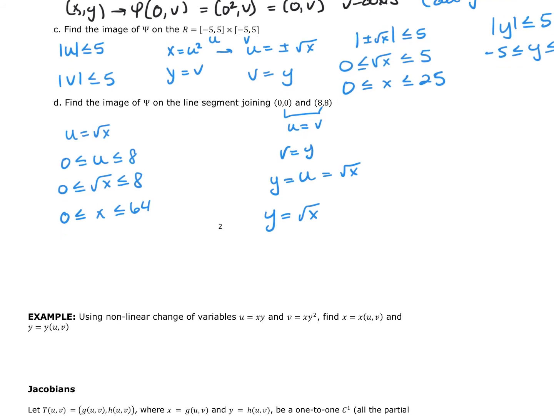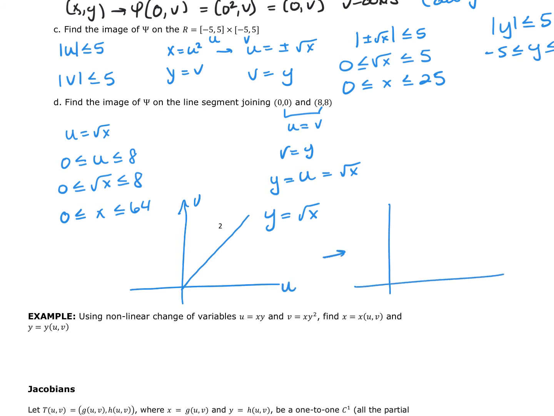Now what's happening is in my uv plane, I have this straight line. When I map this to the xy plane, I'm going to end up with this, which is the square root. y is equal to the square root of x, where x is going to go between 0 and 64.